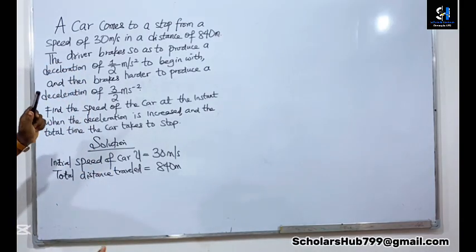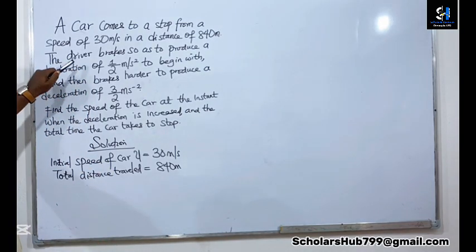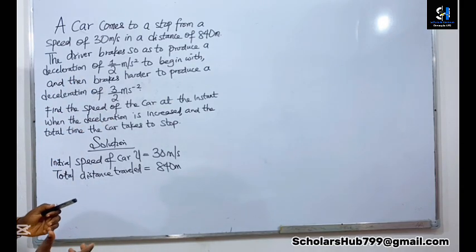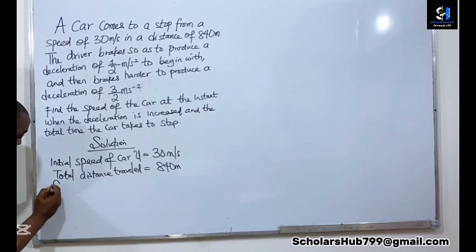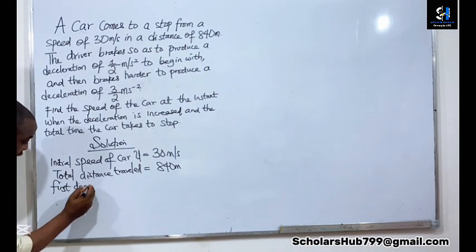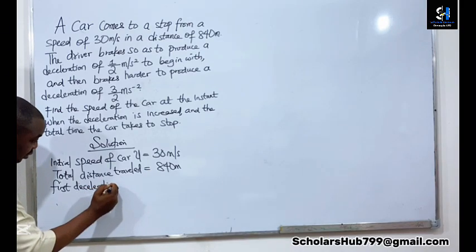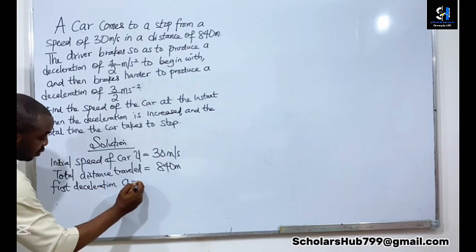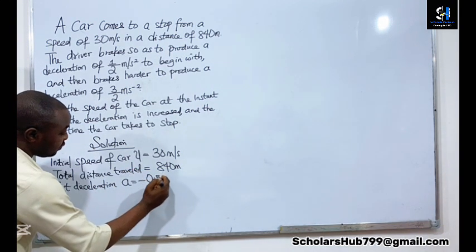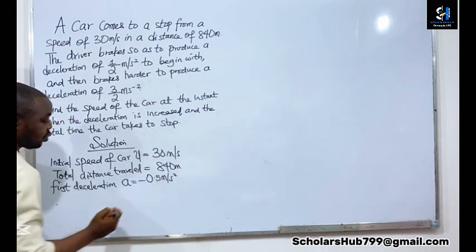During the first phase, we have that the driver brakes so as to produce a deceleration of 1/2 meters per second square to begin with. So the first deceleration is negative 0.5 meters per second square.